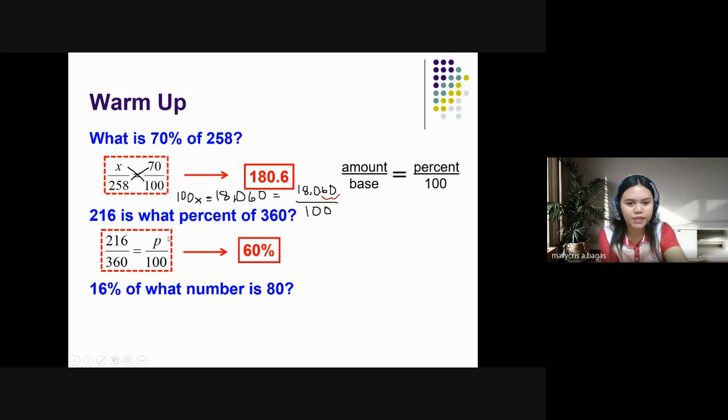We're looking for the percent, and then over 100.